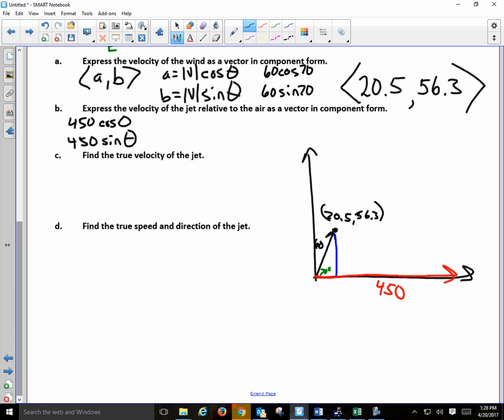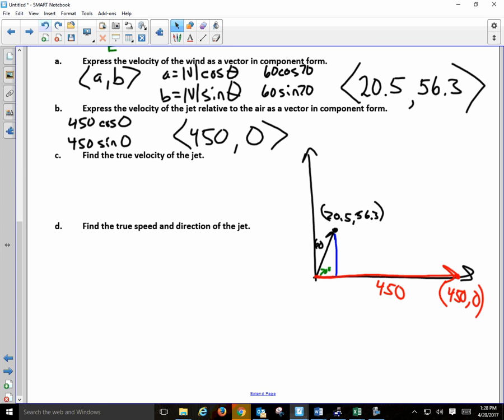What's the cosine of 0? 1. So 450 times 1 will just be 450. And what's the sine of 0? So you get 0 there. As you can see, obviously, this coordinate would be 450, 0. Didn't really even need to do any work. So you have those laid out. So finding the component form really isn't that much work.